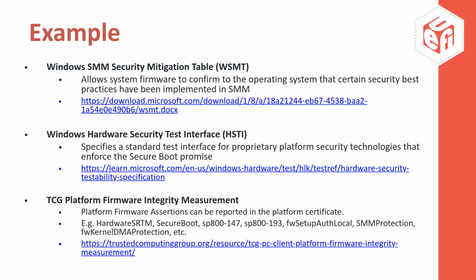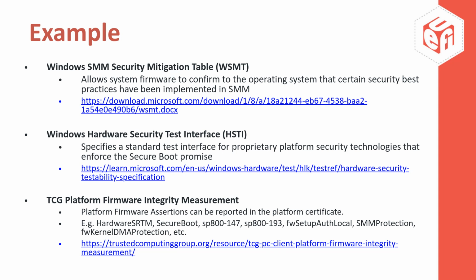Windows Hardware Security Test Interface (HSTI) specifies a standard test interface for properties of the platform security technologies that enforce the secure boot promise. For example, the firmware code must be present in the protected storage, the firmware implements a secure firmware update process, and the firmware provides boot integrity check. Also, the DMA protection is available and enabled.